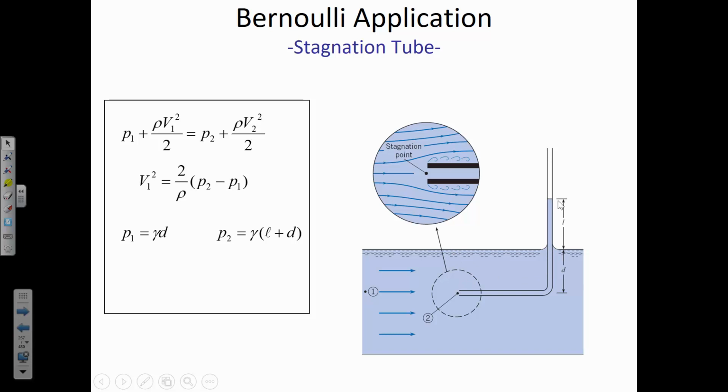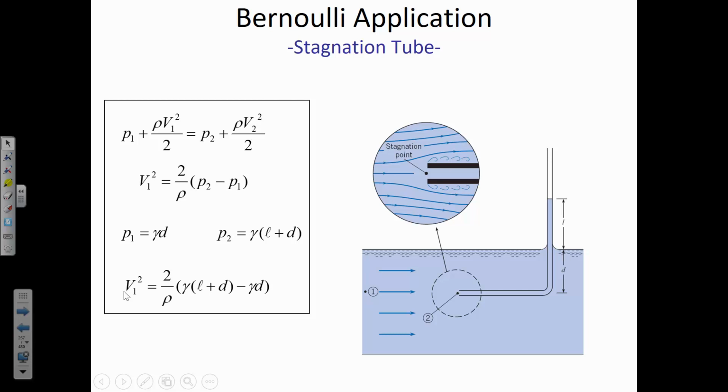So if we want to apply the hydrostatic equation, we would do it between this free surface inside the tube and go down through the liquid some distance. The distance that we're going to go down is L plus D. So now we can calculate the pressure at 2 by applying the hydrostatic equation through that stagnation tube.